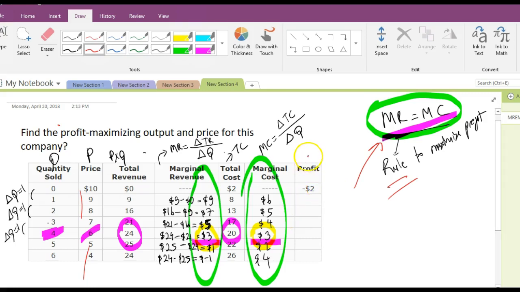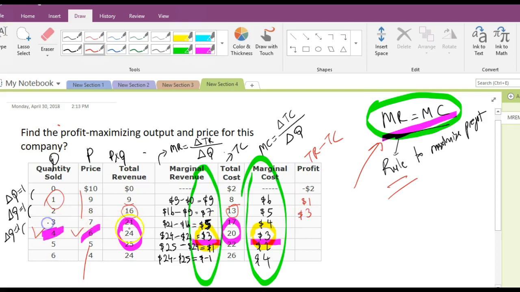Profits are measured as the difference between total revenue minus total cost. So I can go ahead and look at this difference to get the profit numbers at each level of output and see whether it is true that the company should produce 4 units and charge a price of $6. When I produce 1 unit, charging $9, that's $9 total revenue and $8 total cost, so profit will be $1. If the company is producing 2 units, making $16 revenue and $13 cost, their profit is $3.